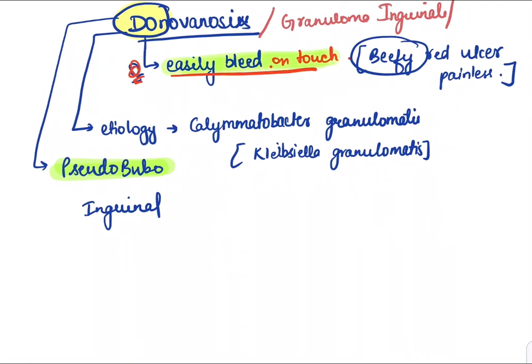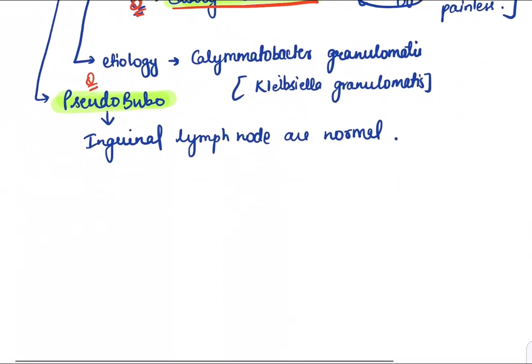So these two things we have to remember: pseudobubo is seen here, and it is called pseudobubo because it does not involve the inguinal lymph nodes. In this, inguinal lymph nodes are normal, meaning they don't involve the inguinal lymph nodes, that's why they are pseudobubo.